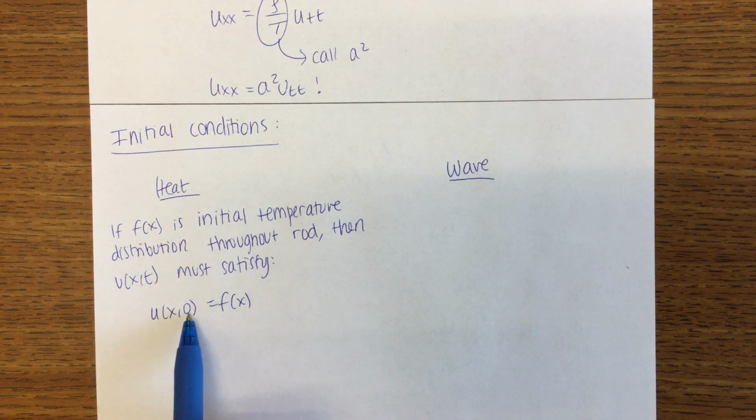So this is at time 0, place whatever x is, that will tell us the temperature there. So this is the initial condition if it's a heat equation. You have to tell what the initial temperature distribution is within the rod.